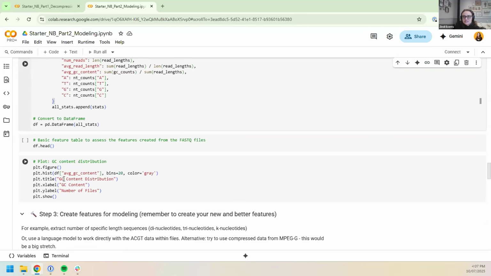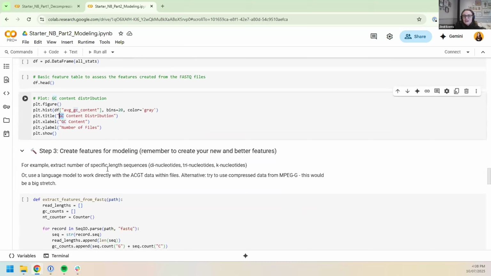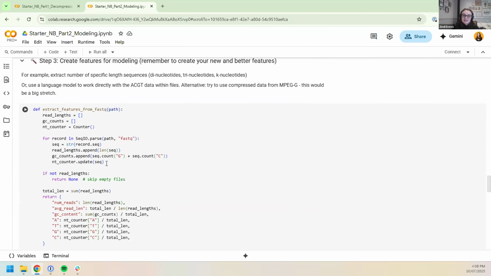When you look at the GC counter, you'll see that there's a nice Gaussian distribution. And that just confirms what we are looking for and what the paper also confirms. Okay, modeling.